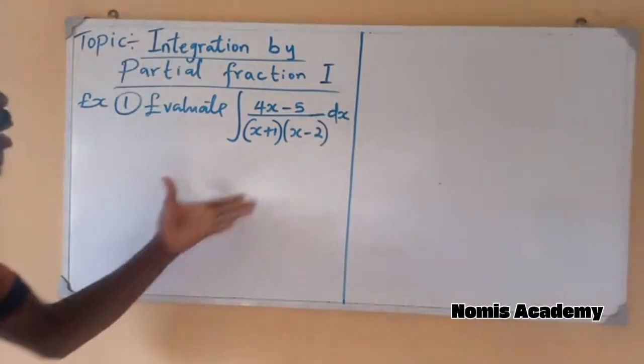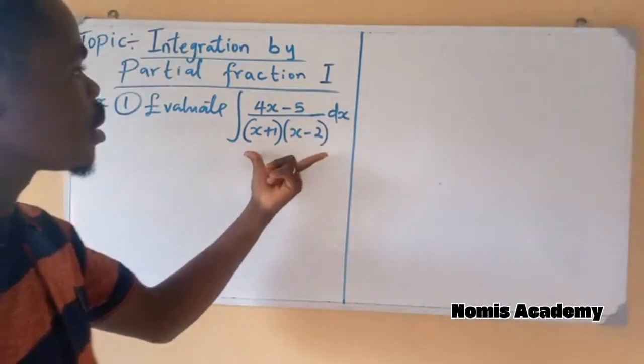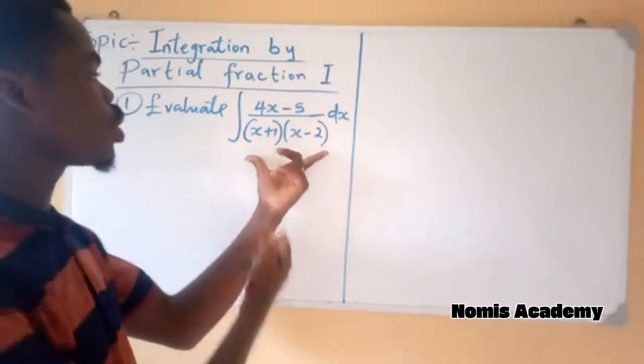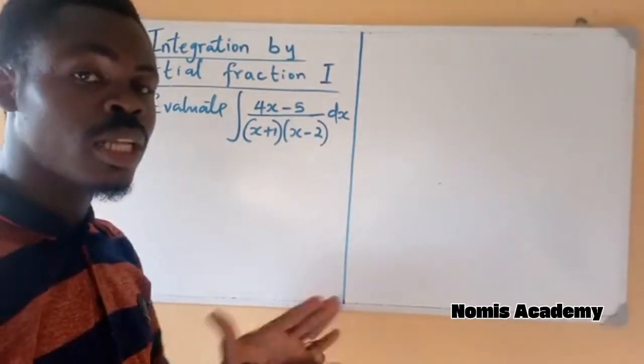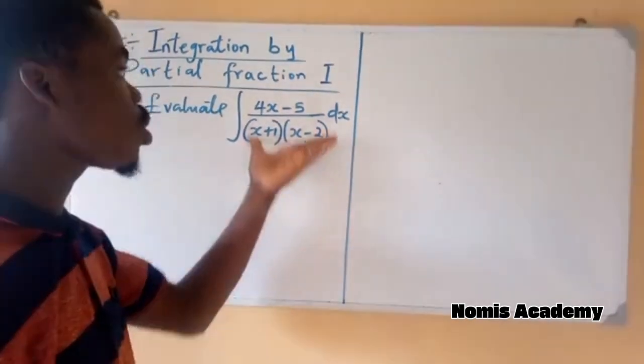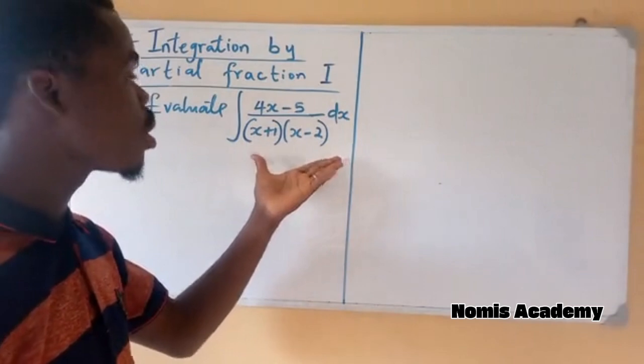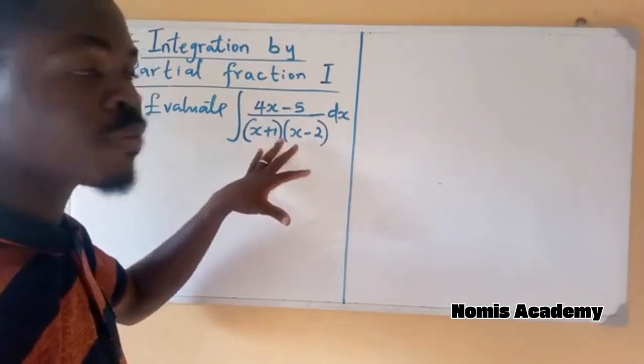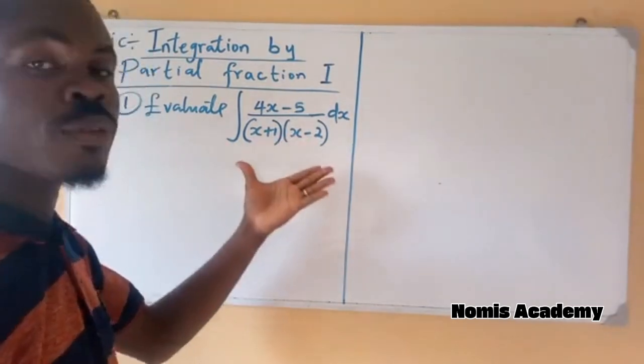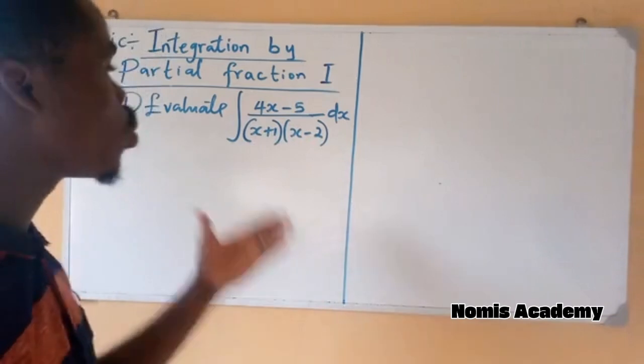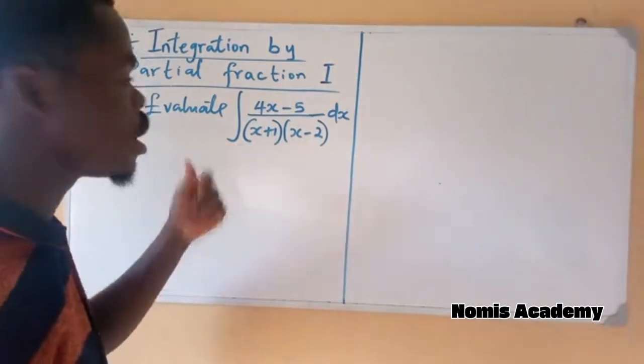This is an integral. The rational expression we have here is not in the standard form, so this is also called a composite fraction. We can resolve this composite fraction and that will give us partial fractions which we can easily integrate.